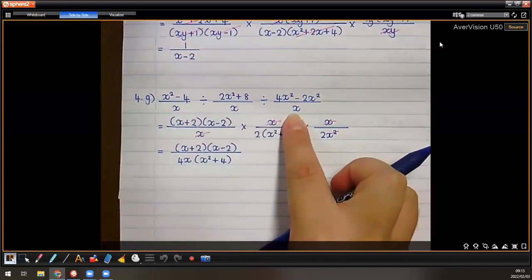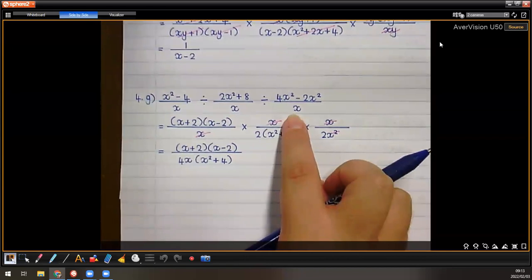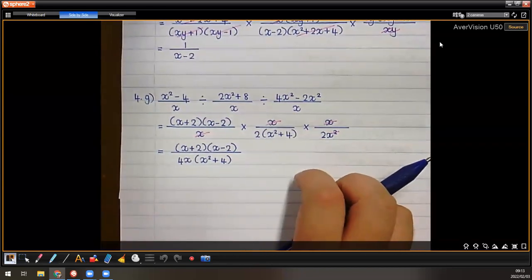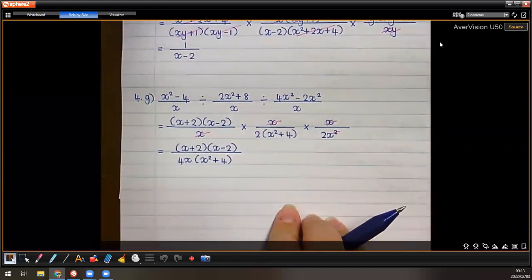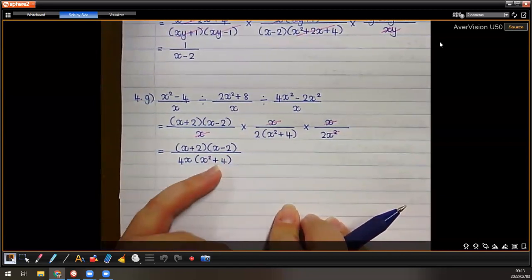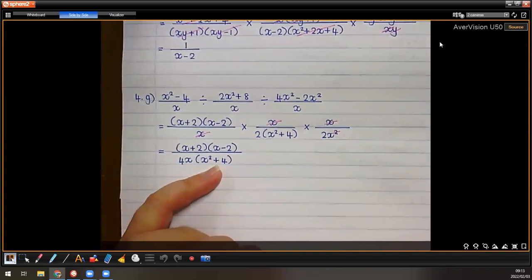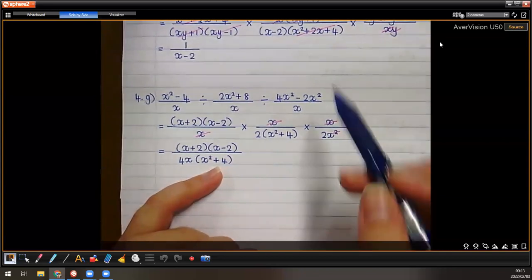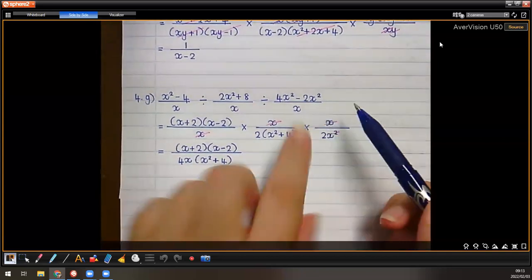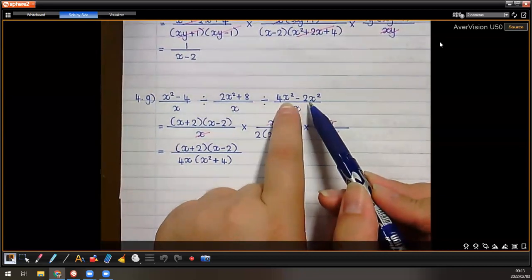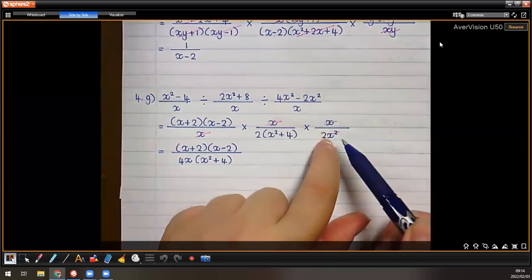I've checked multiple times, but there might be a printing error in my textbook. Yeah, guys, remember this is an x squared plus 4. We can't factorize this one, right? Remember 4x squared minus 2x squared is just 2x squared.